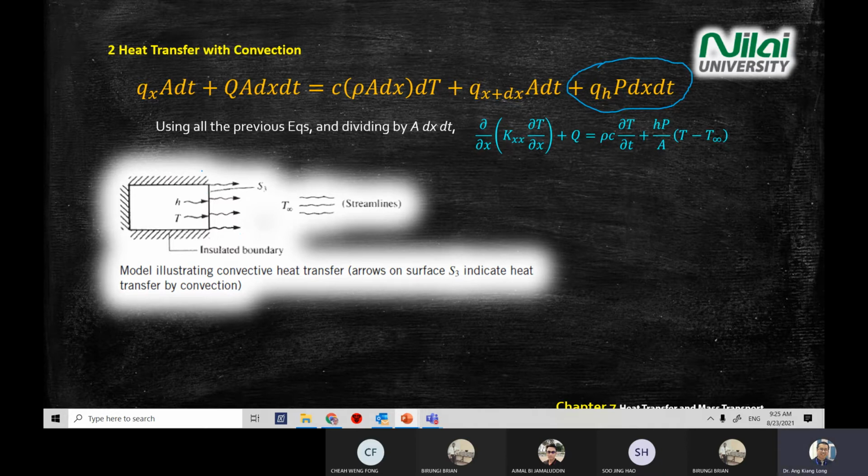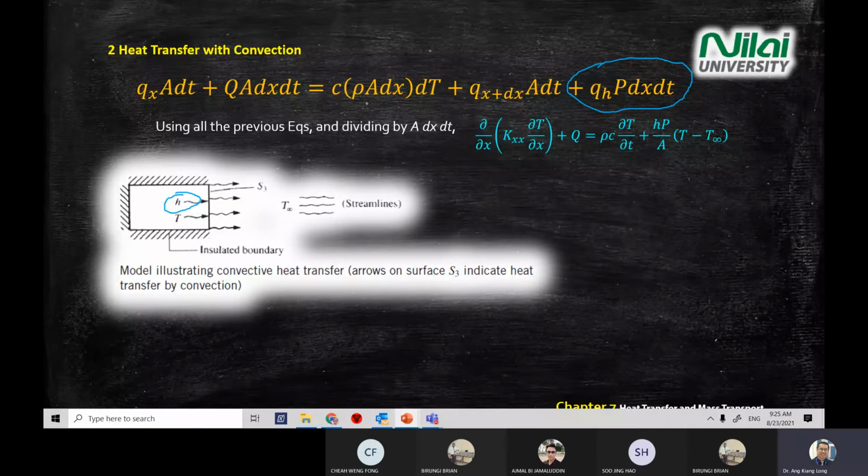On the diagram, we added h here and S3, meaning surface number 3, and the temperature infinity, which represents the streamline.